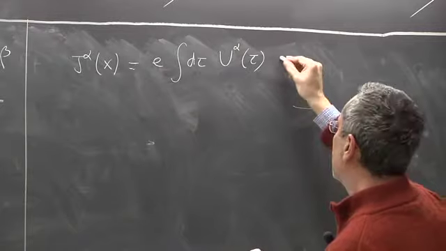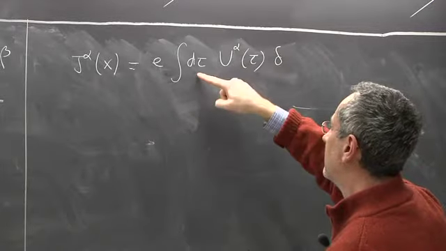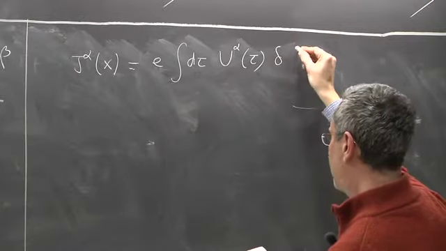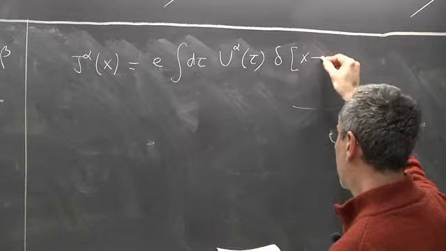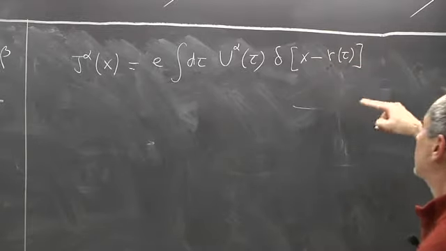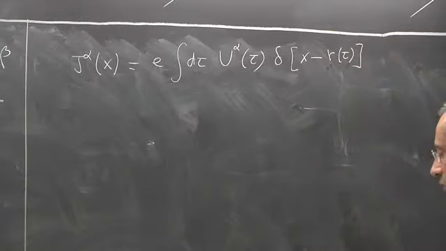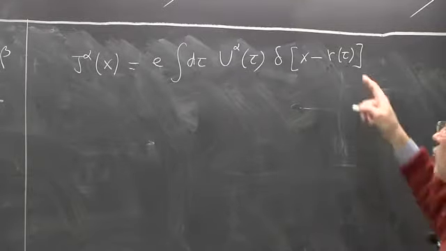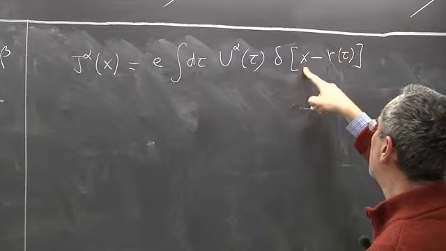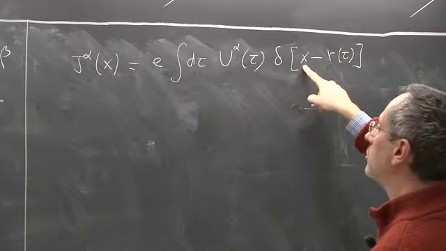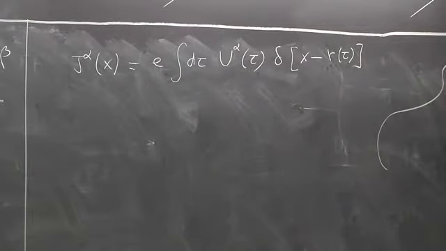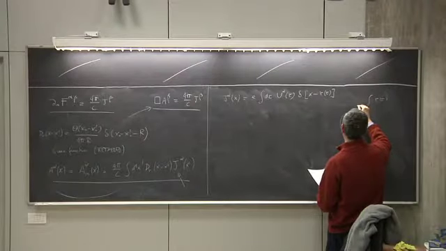And so this integral has a delta function of x minus the position. So r of tau is the trajectory of your particle. So you put a delta function, so you put this x to be the x. So if this is the r of tau, x is here.